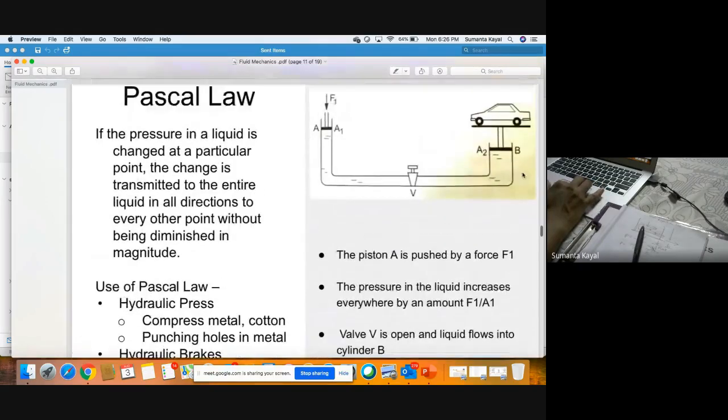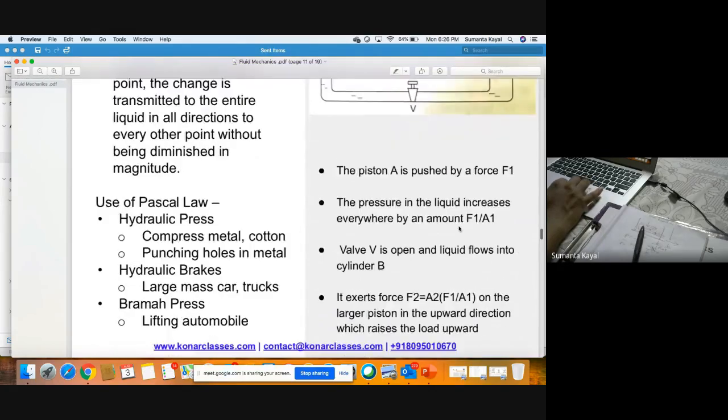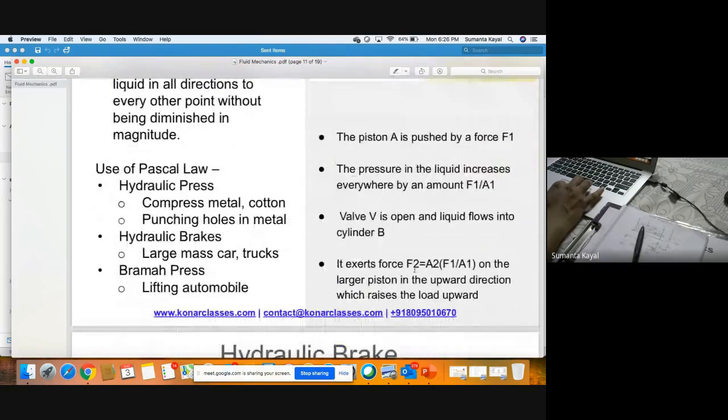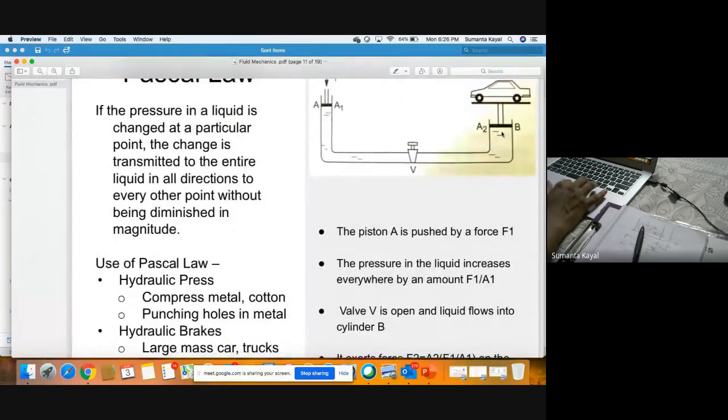If you make A2 larger and larger, F2 will be more and more. It's a simple fact. The force F2 will be so much more that it can lift any heavy object, whether it's a car or anything, and that is exactly what we are doing in our day-to-day life.